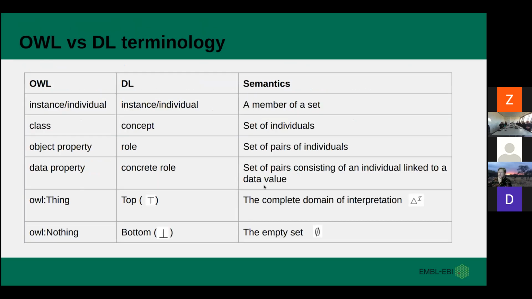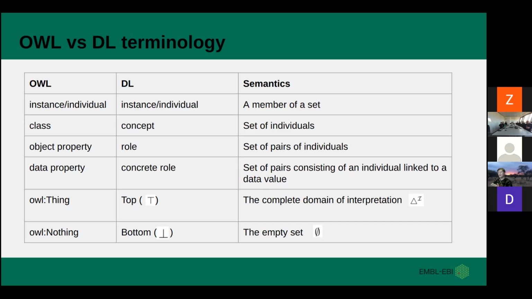And then in terms of OWL versus DL, where OWL and DL agree is that they both call an instance or an individual the same, and that refers to a member of a set. OWL also refers to classes.